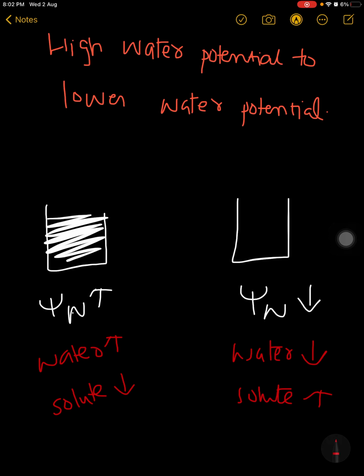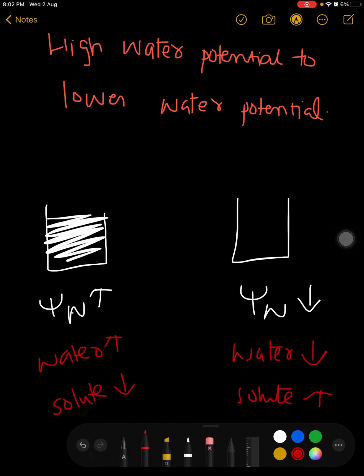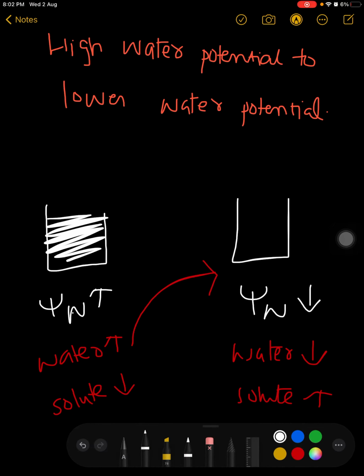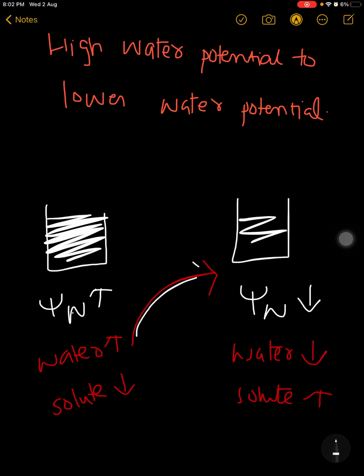Water always gets attracted towards the high solute concentration. So here the water will move to this jar, because here the concentration of solute is greater. That's why we say water always moves from high water potential to low water potential.